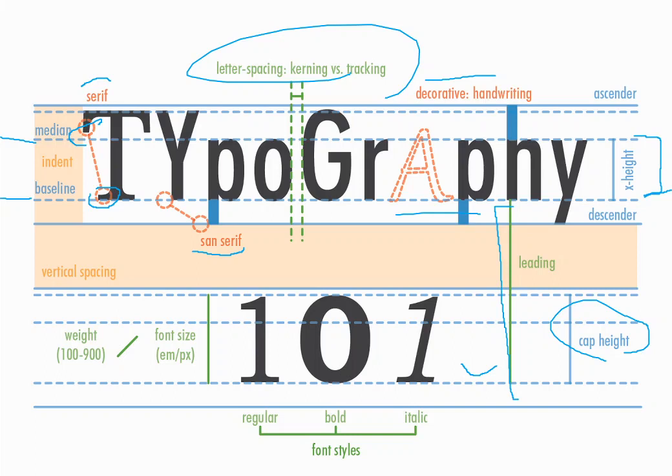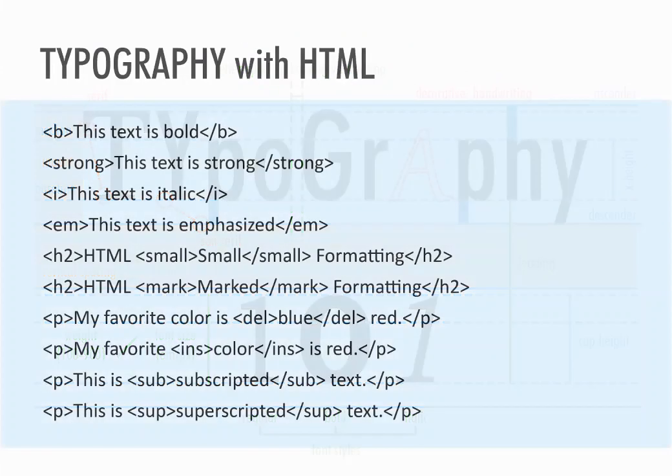The most commonly used font styles would be regular, bold, and italic. In the CSS code, you can adjust the font weight from 100 to 900, and you can adjust the size of the text with em and pixels. In your coding, these are very simple HTML tags you can try out.